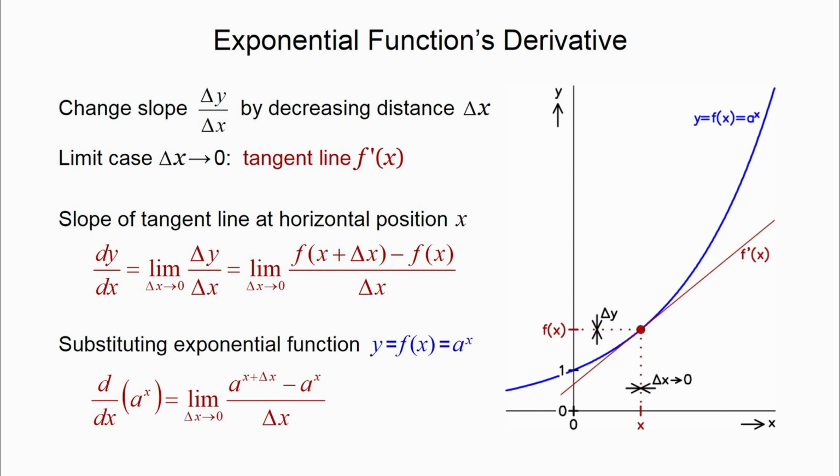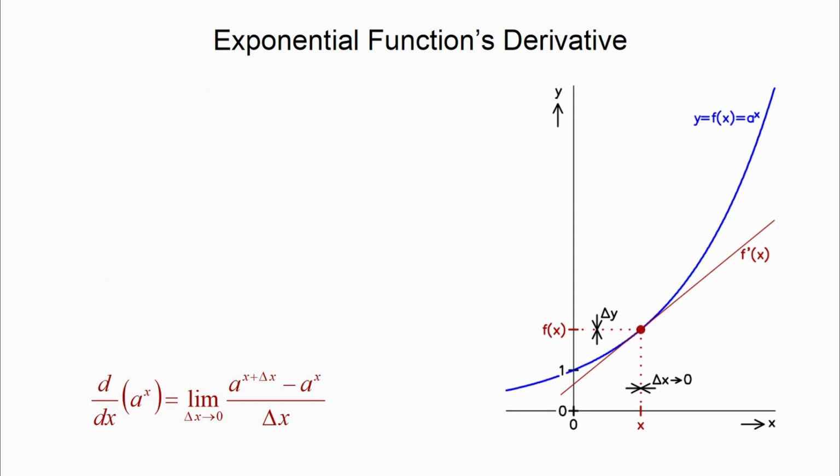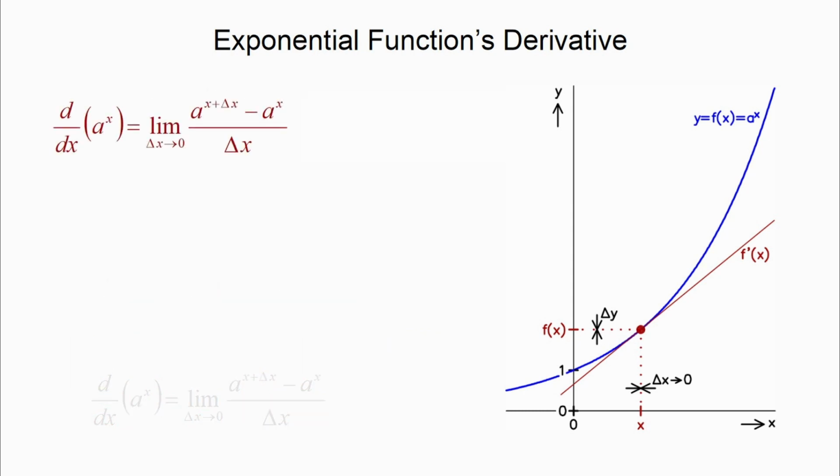The limit for delta x going to 0 of a to the power x plus delta x minus a to the x over delta x. Next, this result is further elaborated. In the numerator, the term a to the power x plus delta x can be written as a to the x multiplied by a to the delta x.